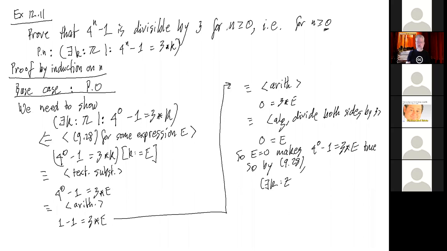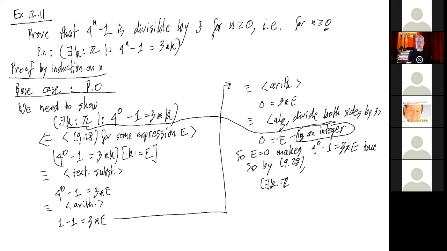Oh, and bad me, it's important, and I should have been more explicit about this. It's important to notice that e is an integer. When we solved for e, we got an integer, because we need k to be an integer over here. This means we have to check that the thing we got when we did our algebra was an integer.